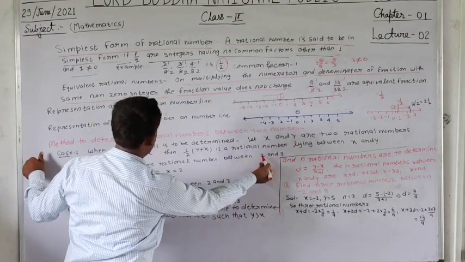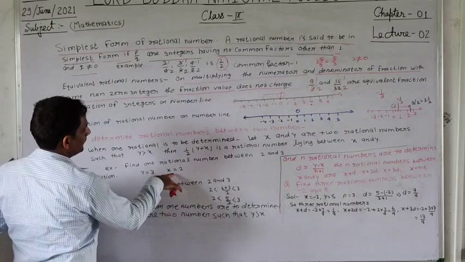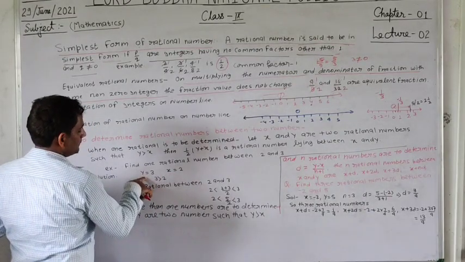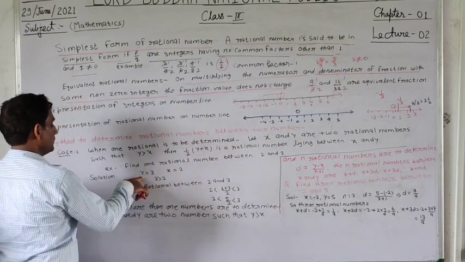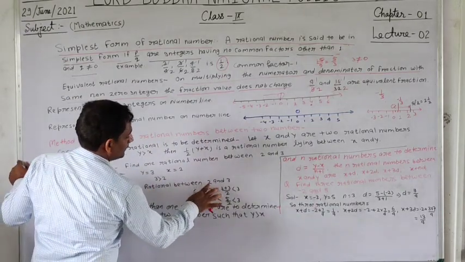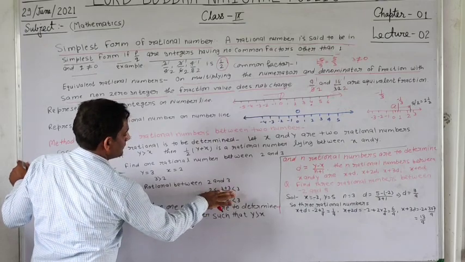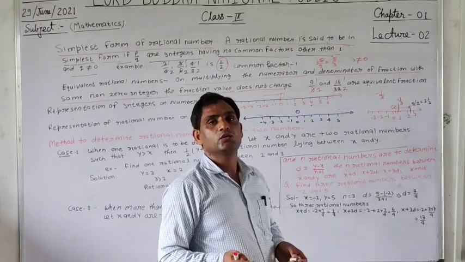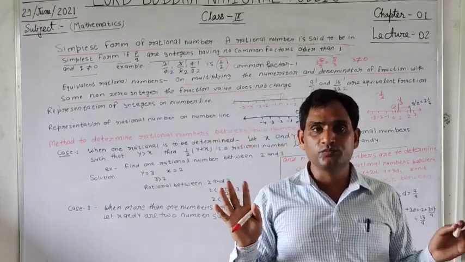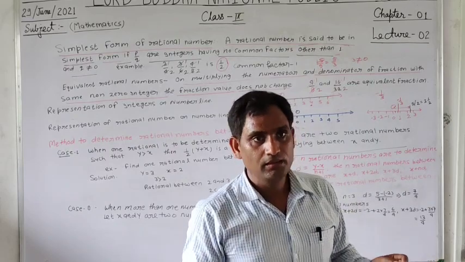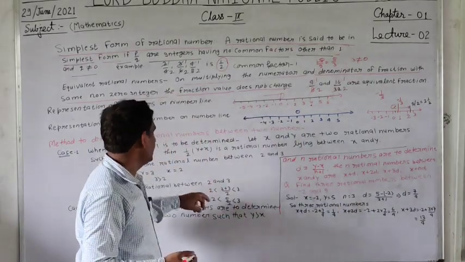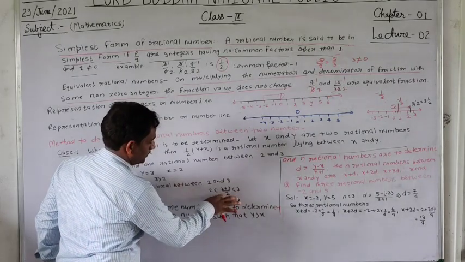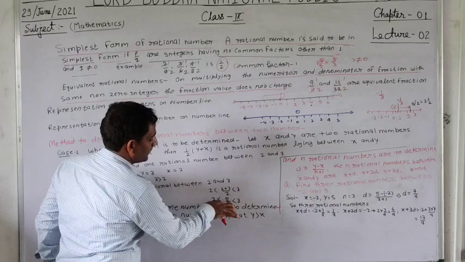We represent x equal to 2 and y equal to 3. Now, as we told you, if we find the average of the given numbers, when the question is asked to find only one rational number between the given numbers, then the average will become (2 plus 3)/2, which is 5/2.